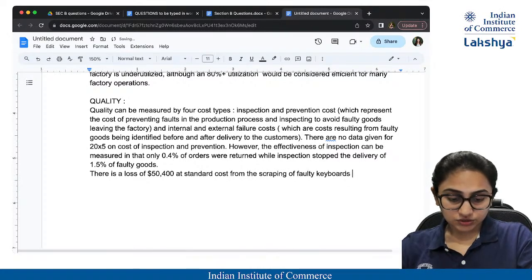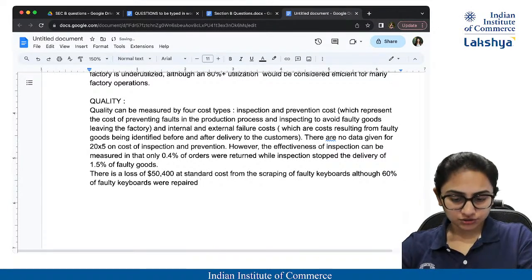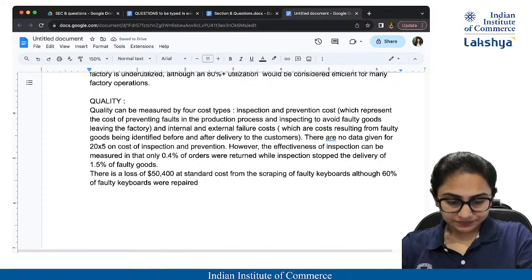Right, this is just what we just calculated. Although 60% of faulty keyboards were repaired. That is, they have used the word refurbished. So it was repaired.